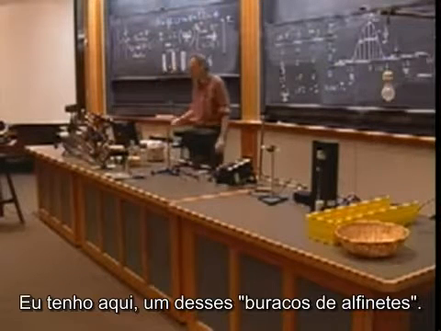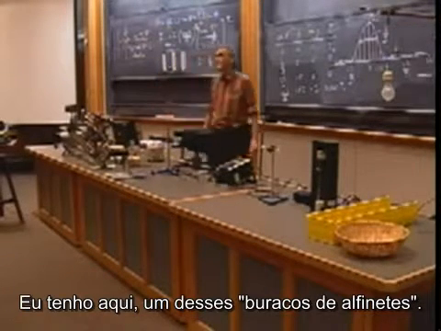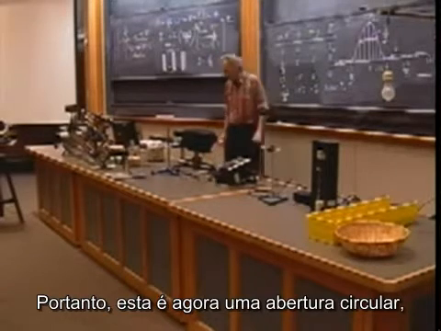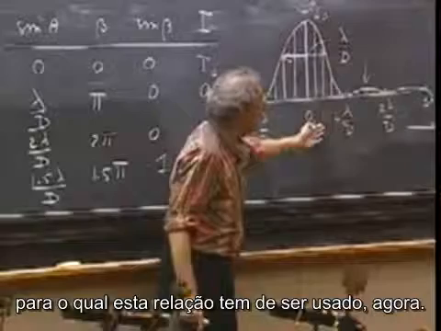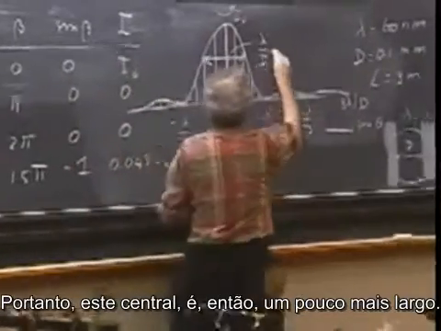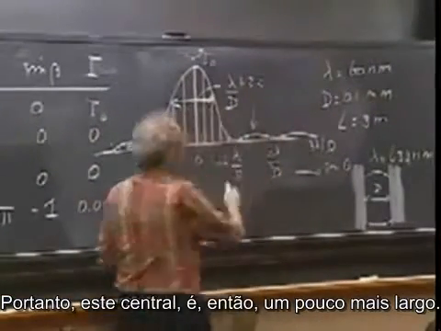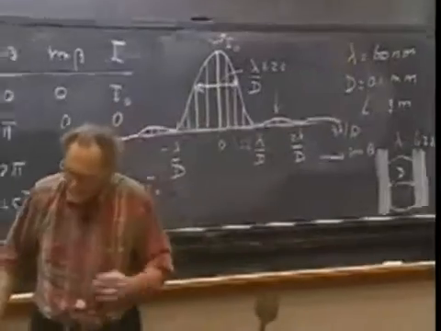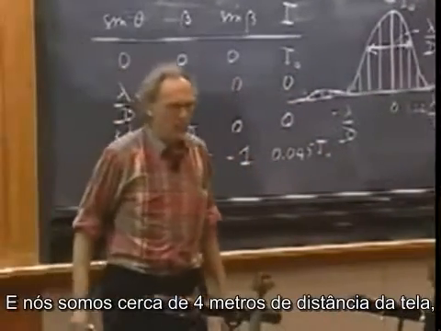I have here one of those pinholes. So this is now a circular opening for which this relation has to be used. So this central maximum is then a little wider. And we are about 4 meters away from the screen.